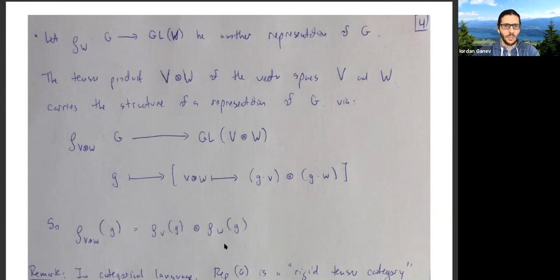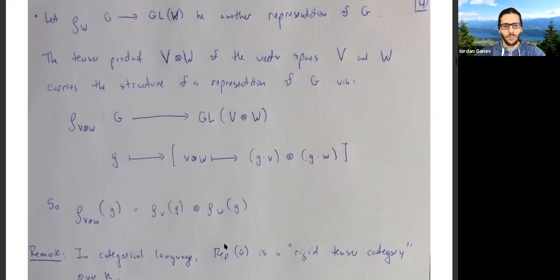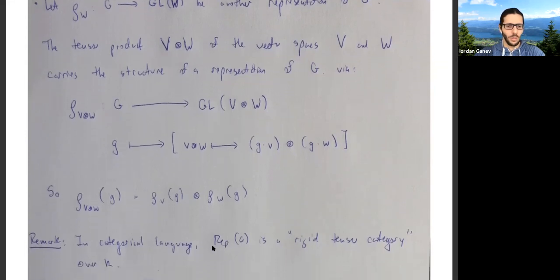Okay, so that means that anytime we have two representations of G, you can think of them as two objects in this category, and we can make a new object, which is their tensor product. So for those of you interested in category theory, what this means is that Rep G is a rigid tensor category.